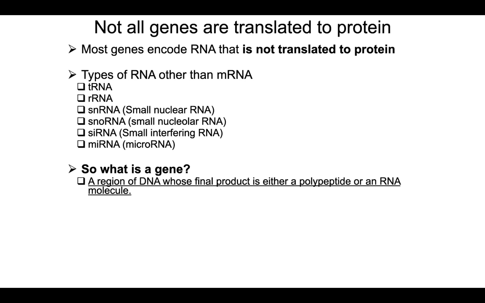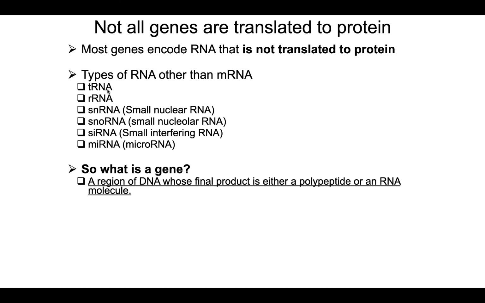Last thing we need to cover. I know that through these couple lectures, it seems like every single gene within the genome encodes a messenger RNA, which then encodes protein, but that's simply not the case. In reality, most genes encode RNA that is not translated into protein. Most of the RNA that's made is not messenger RNA.